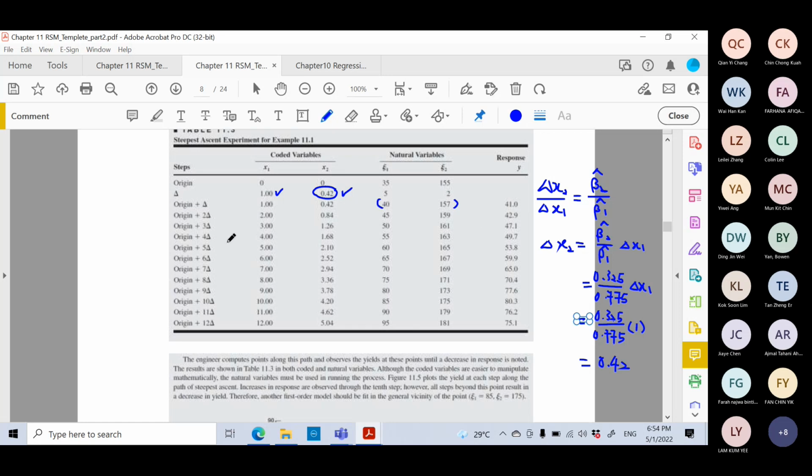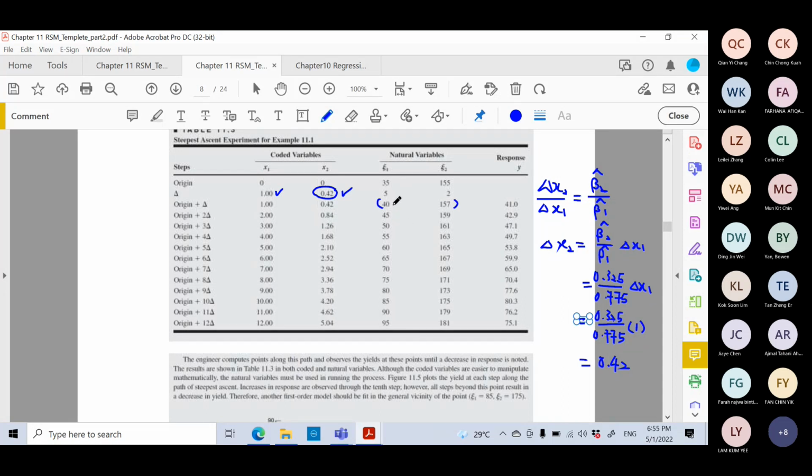And so on. You repeat the experiment until maybe 12 delta, just increasing until a certain level where you get a decrease. We cannot estimate this one because we are not running the experiment, but we know the procedure.